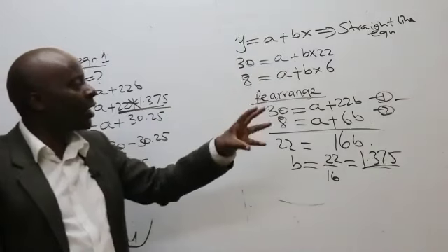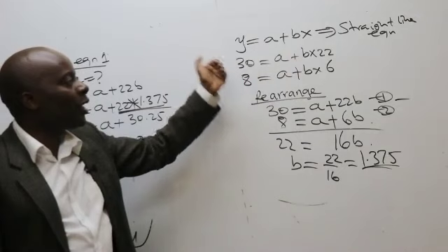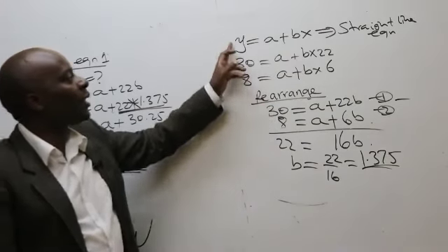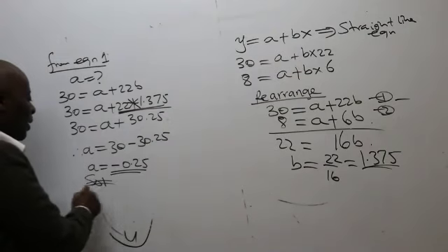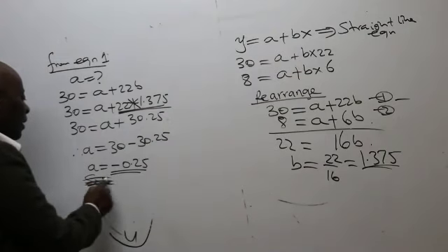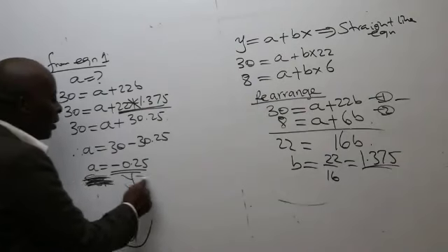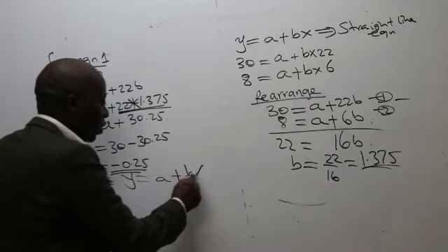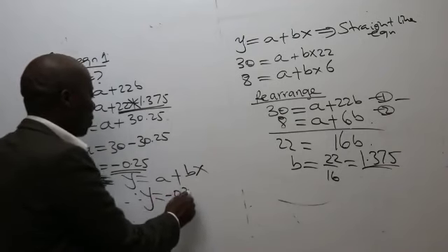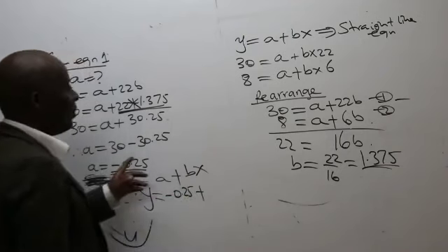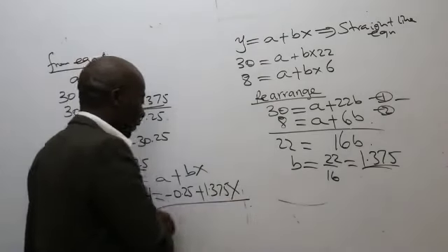So what we've done is to get the gradient and the y-intercept. In conclusion, ladies and gentlemen, our y should be equal to a plus bx. Therefore, our y will be equal to a, which is minus 0.25, plus b, which is 1.375, x.